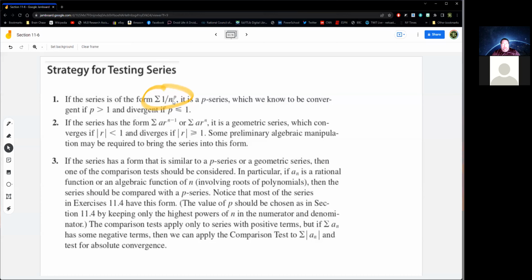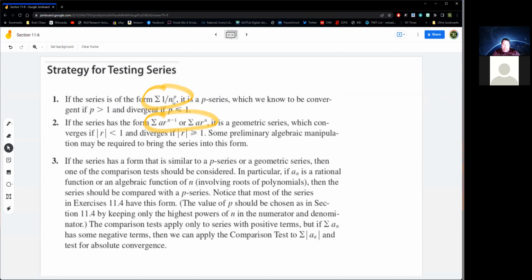So we've got that P series. The next one we want to look at is the geometric series. So if it's in either of those formats, that's the geometric series. So those are the first two things we want to look at, and those should be quick to identify. So for a P series, that P is always going to be a number.